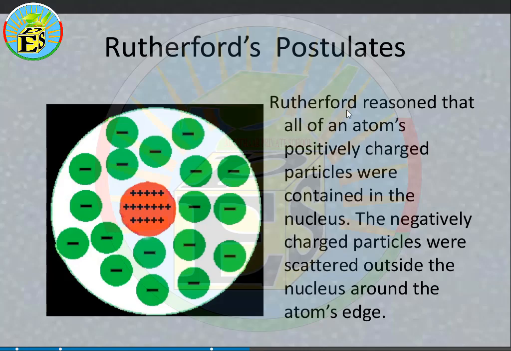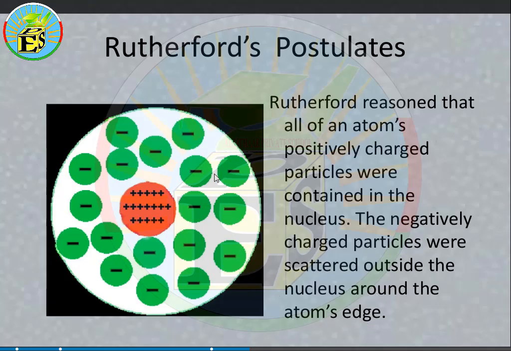Rutherford postulates. Rutherford reasoned that all of the atom's positively charged particles were contained in the nucleus. The negatively charged particles were scattered outside the nucleus around the atom's edges.